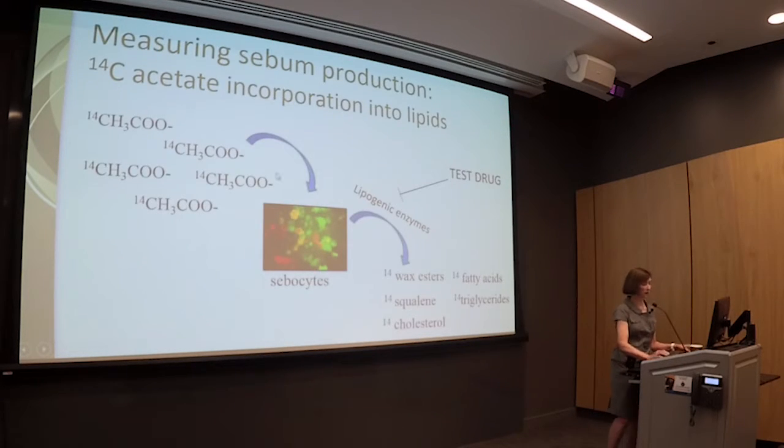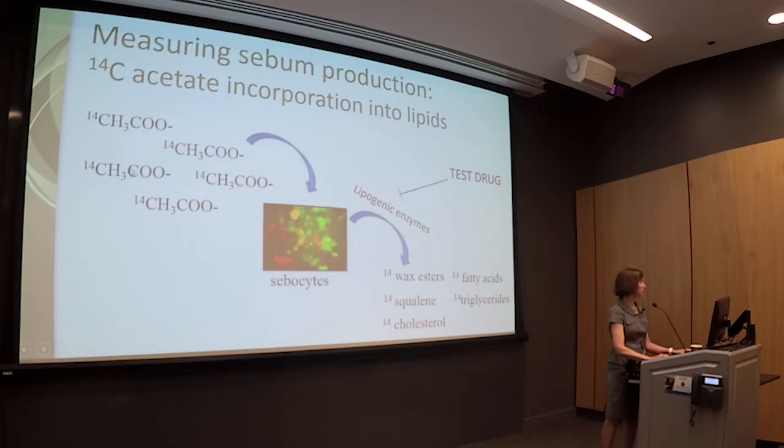For our assay, we have our sebocytes in culture, and we want to see what kind of lipids are being made that are analogous to sebum. All lipids are made from 2-carbon fragments of acetate. If we have a 2-carbon fragment and one of the carbons is labeled with C14, we can put the C14-labeled acetate on top of our cells, and our cells have all the enzymes needed to make all kinds of lipids that you see in sebum.